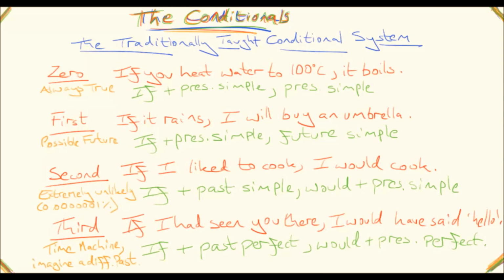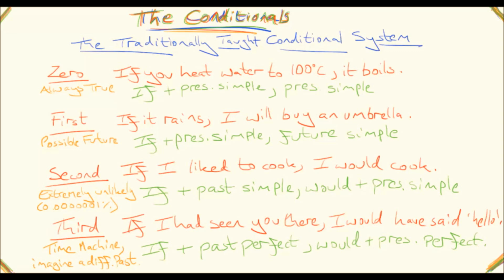And so 0 is always true. First is a possible future based on some kind of evidence. Second is extremely unlikely. You might want to say impossible, but I suppose you could also argue that, you know, quantum physics states that it might be possible, so we'll say 0.0000001% chance.